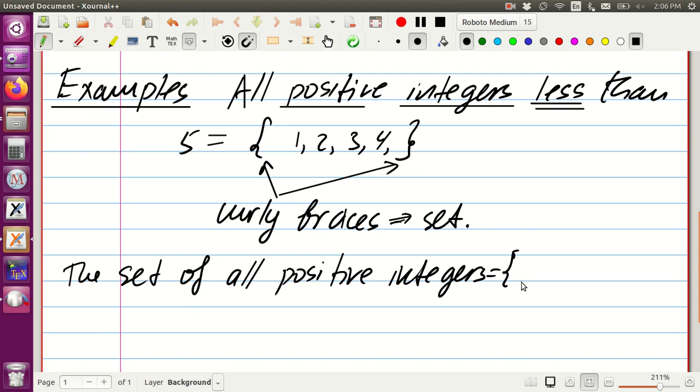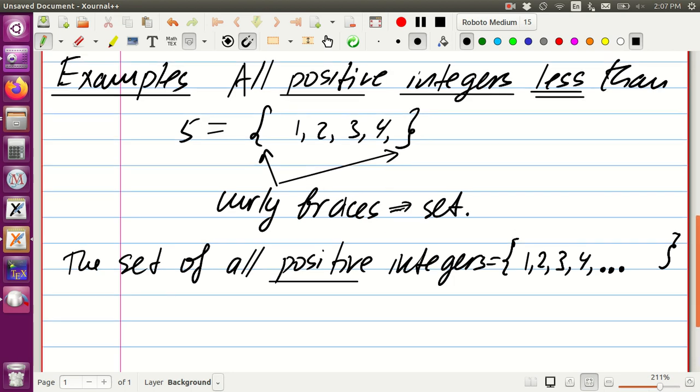We open it up, and they have to be positive. So we say 1, 2, 3, 4, but then they have to keep going, and we can't really write all of them down because we will run out of space. And as you remember from the previous lecture, if you want to say that something keeps going in mathematics, you use 3 dots, right? And that's how you would write all positive integers.